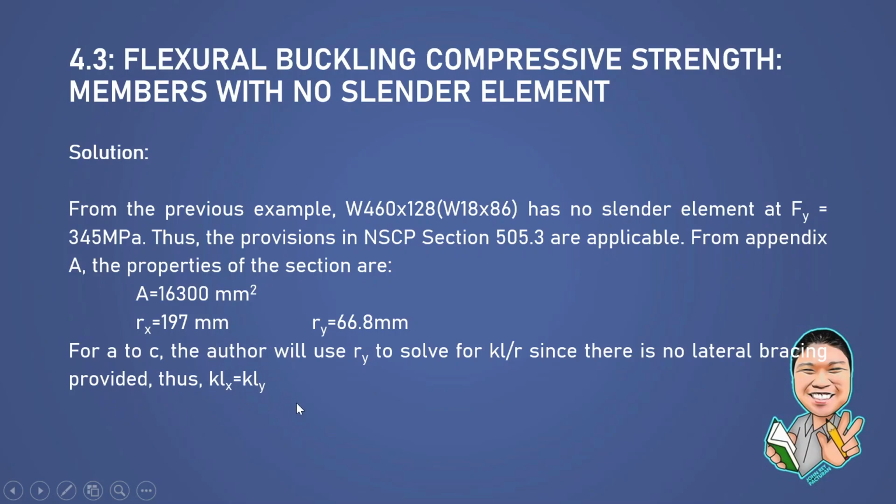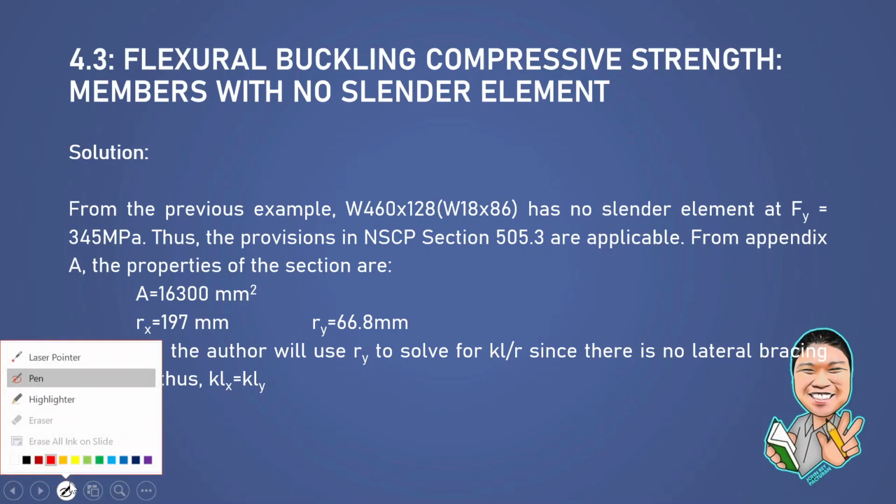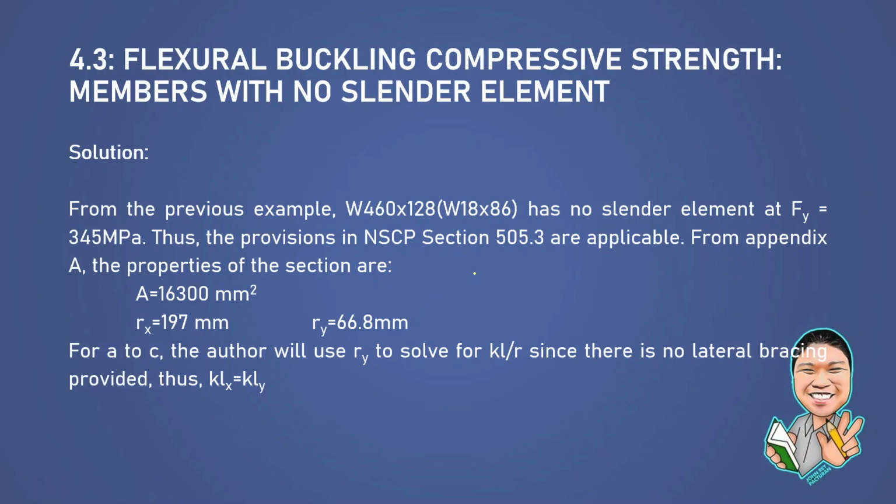Ang ibig sabihin lang naman nito, parang doon sa unang example, imbis na computein nyo pa, diba kung maalala nyo doon sa video natin sa Euler's critical buckling stress, imbis na computein nyo pa yung KL over Rx and KL over Ry, dahil alam mo na KLx and KLy are equal, piliin mo na lang yung Ry sa computation kasi that is less than Rx and most likely, siya ang magbibigay ng mas malaking critical slenderness ratio. Okay?